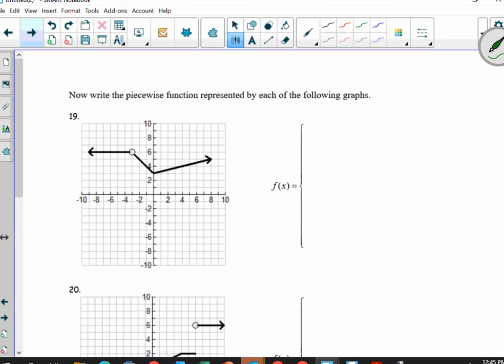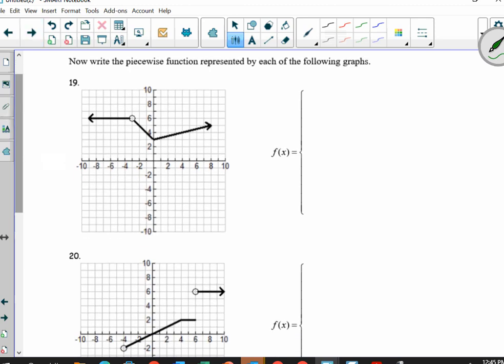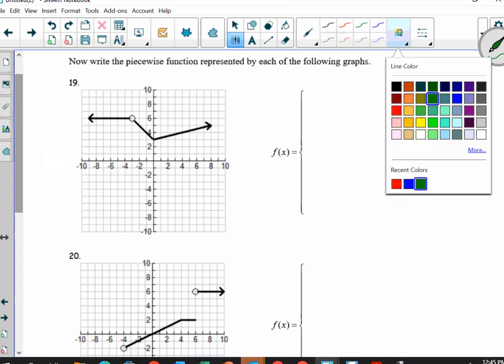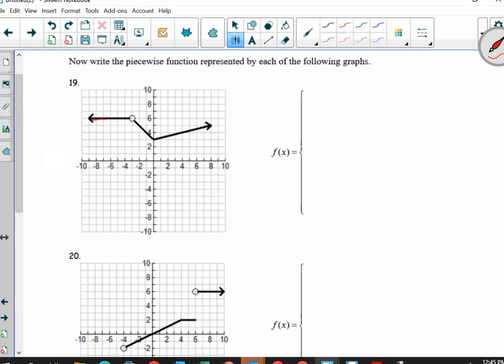All right, we're going to do just a couple of these, writing the equation of the line. So let's do this in a couple of parts. This piece on the left here in red is my first piece. What would you tell me for the x value part of it over on the edge? x is less than -3.